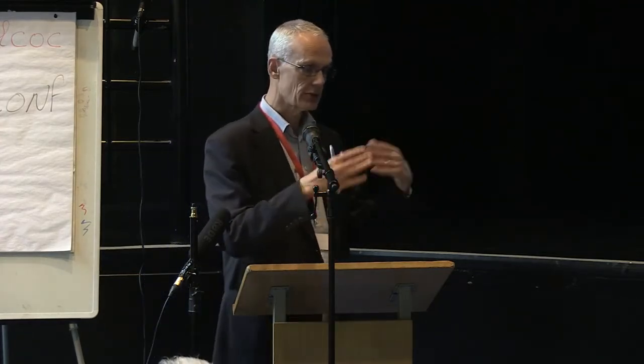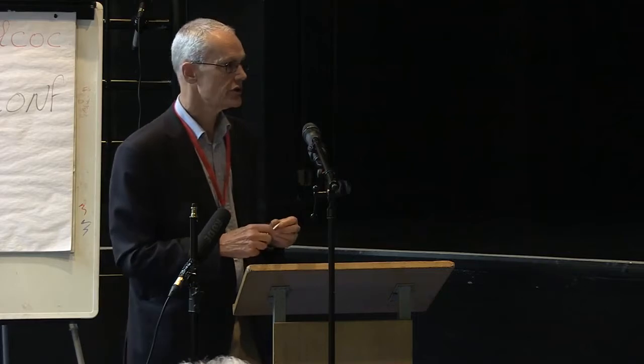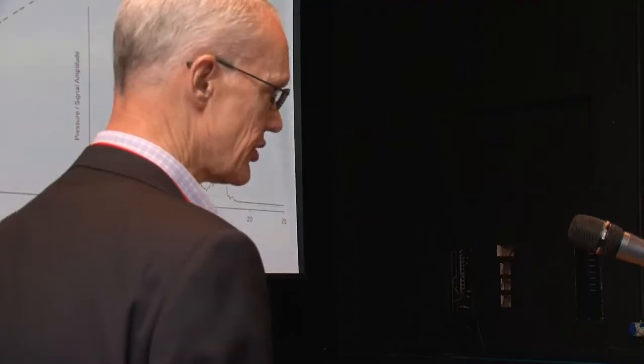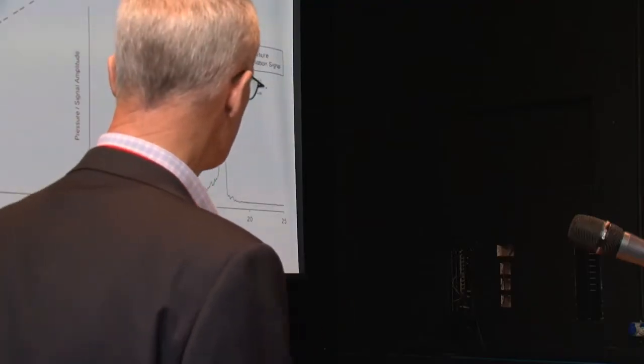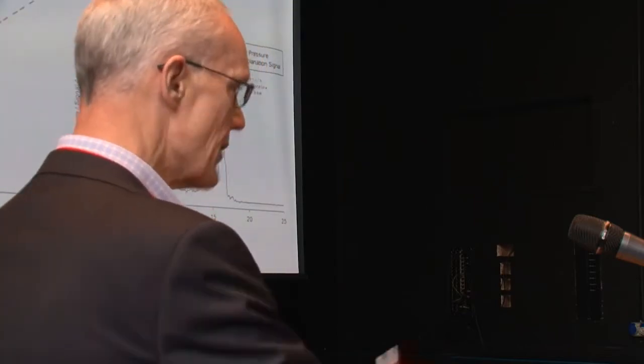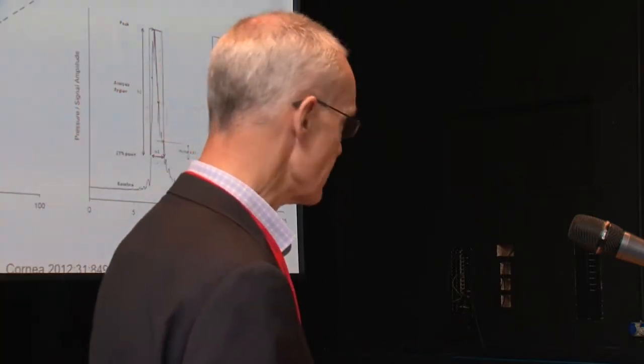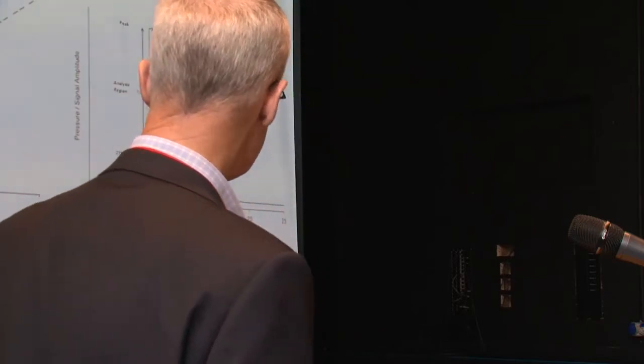How this works is a little puff of air distorts the cornea, similar to the test optometrists do with the air puff to measure intraocular pressure. The puff of air distorts the cornea, and as it bounces back, it oscillates. By measuring the way the cornea oscillates, you can measure the elasticity.